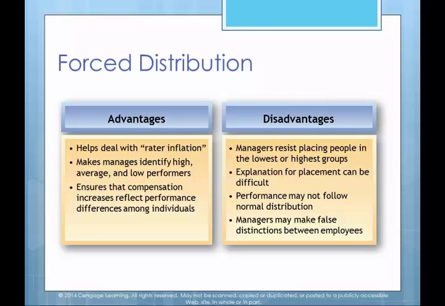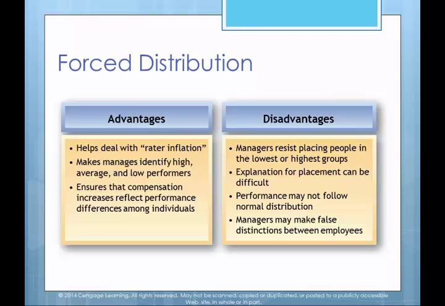You know, Jack Welch made this very popular back in the 80s and 90s because he used a forced distribution, which was eliminating the bottom 10% of performance in the organization every year. The advantages: it helps deal with rater inflation, makes managers identify high, average, and low performers. It ensures the compensation increases reflect performance differences among individuals.